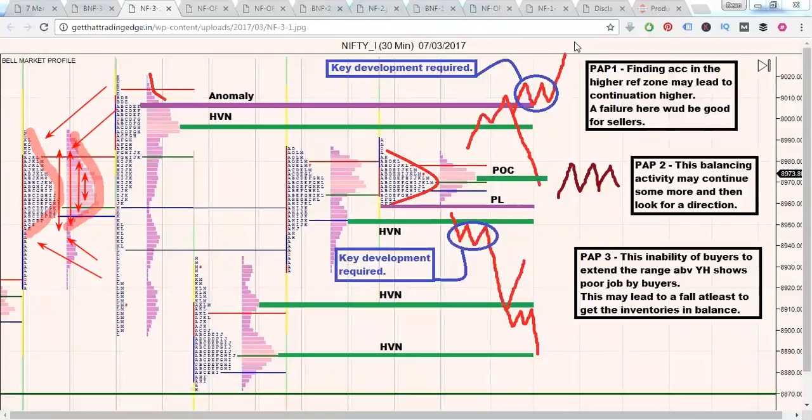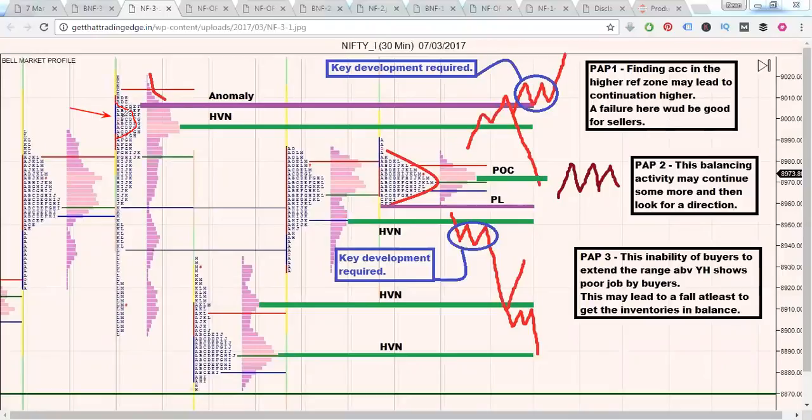So what happened here is, the next day we opened higher. So clearly the buyers had a chance to take this auction further. We came back lower inside yesterday's value area and again moved higher. Actually, instead of getting a nice follow through, what we got was this kind of a narrow open auction outside range kind of a thing.